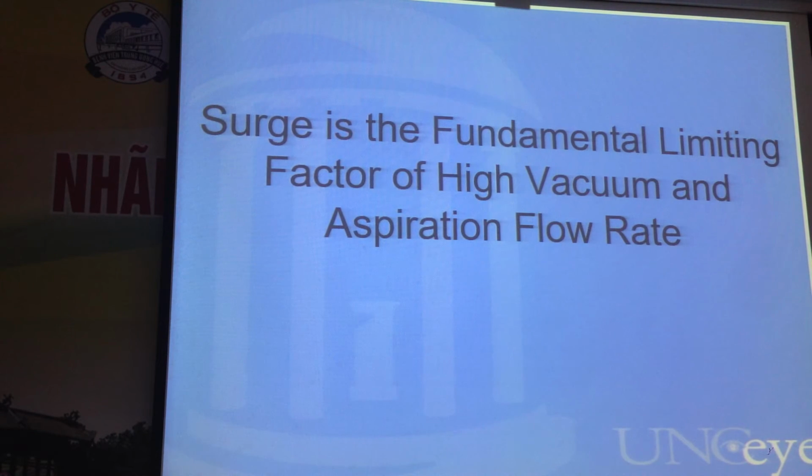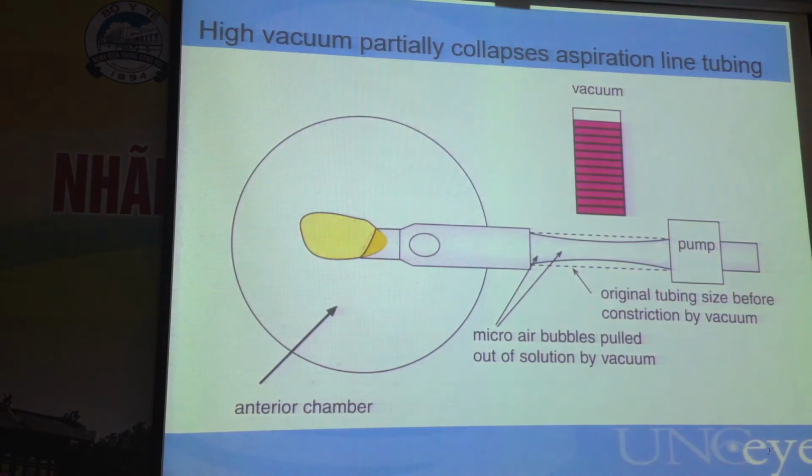Surge is the fundamental limiting factor for high vacuum and the aspiration flow rate. What's surge? You have a phaco needle that's occluded, you have high vacuum at a preset level, and your aspiration flow line collapses, physically collapses. Then all of a sudden, you're doing phaco, you go into foot position 3, you get this emulsification, and you break occlusion.